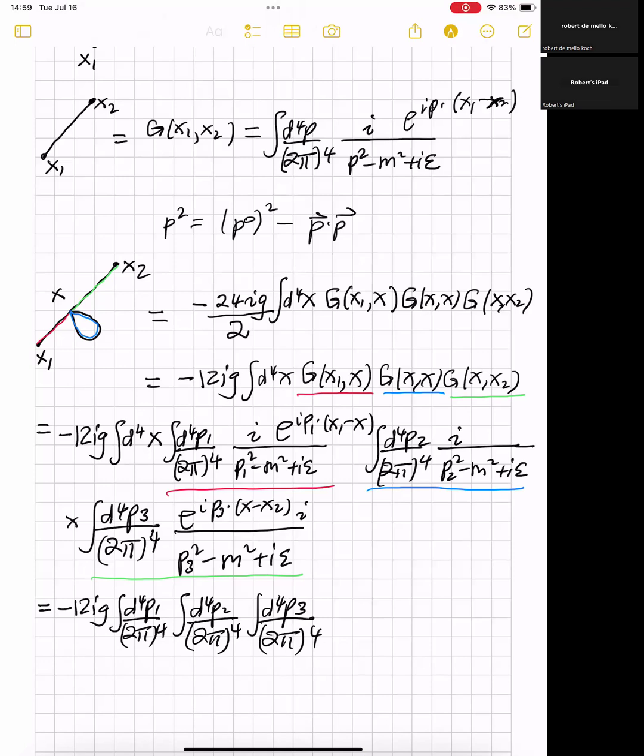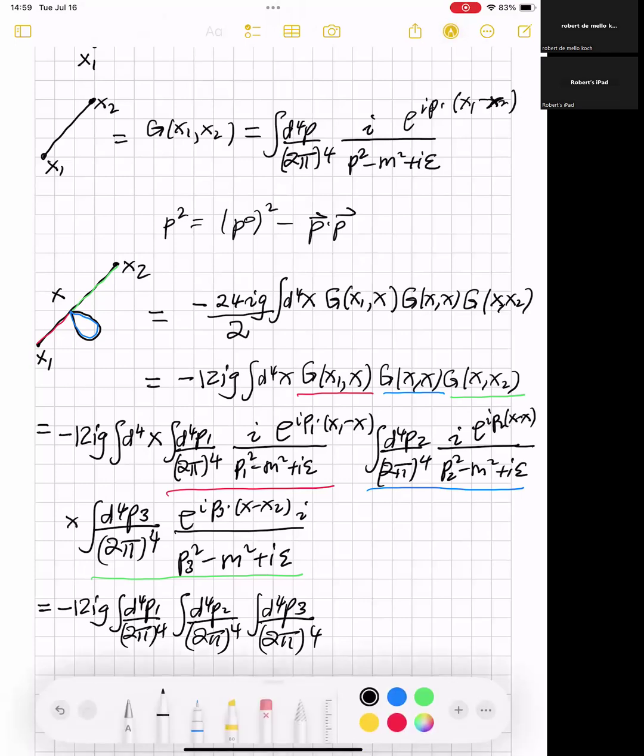One thing that I should have stressed, but didn't: look at the integral d4p2, the blue Green's function, the one underlined in blue. There was no exponential factor. I could have put in the exponential factor, but it would have been e to the i p2 into x minus x. x minus x vanishes, and e to the naught is just 1. So I didn't put in the exponential.